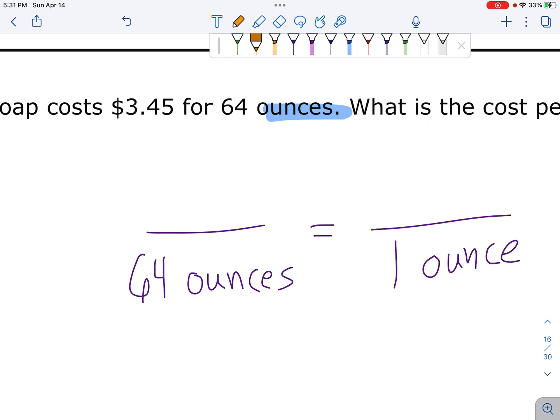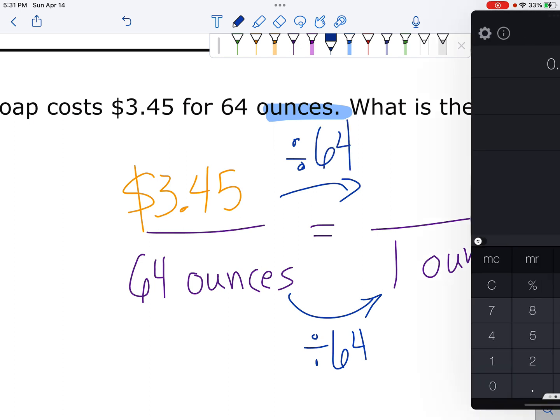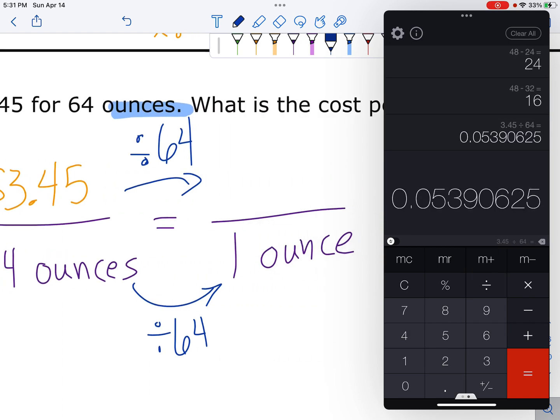If you buy 64 ounces, you have to pay $3.45. So to go from 64 ounces to 1 ounce, it's divide by 64. Divide by 64 on the top. Good thing I have a calculator. That would be a terrible problem, long division. $3.45 divided by 64. Yikes.